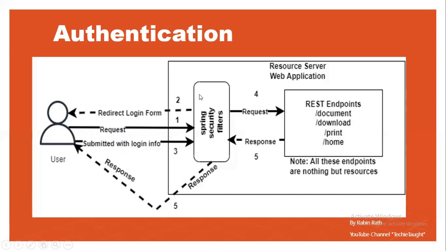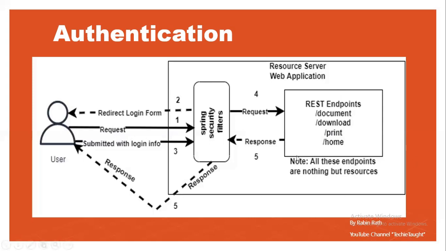Then Spring Security again intercepts. It will validate what kind of username and password we are passing. Once successfully validated, it will pass that request. That is step four. It will pass that request to access our secured resources. Once we access it, the REST endpoints will return some results back to the user.